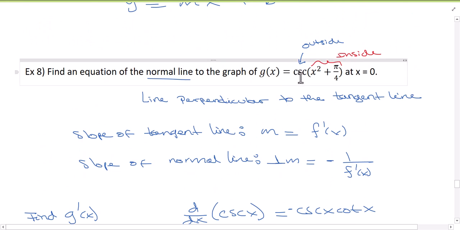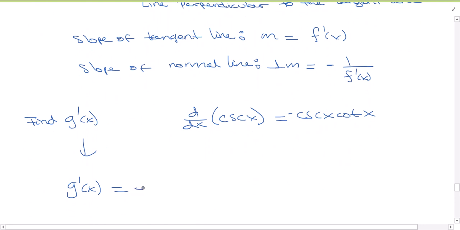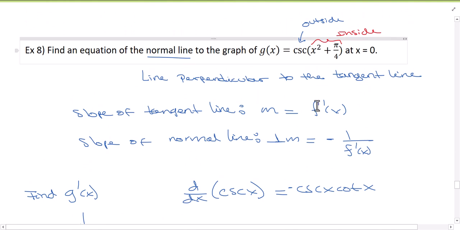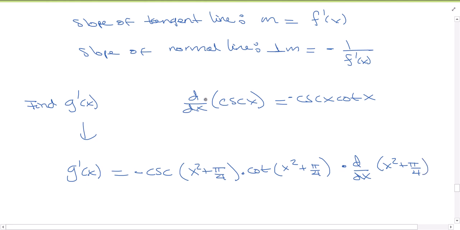The derivative of cosecant is negative cosecant cotangent, so negative cosecant of the inside left alone, so I'm going to leave my x squared plus pi over 4 alone. So negative cosecant of x squared plus pi over 4 times cotangent of x squared plus pi over 4, and then times, by chain rule, the derivative of the inside. So this is the chain rule step.